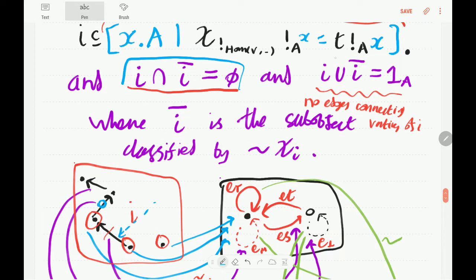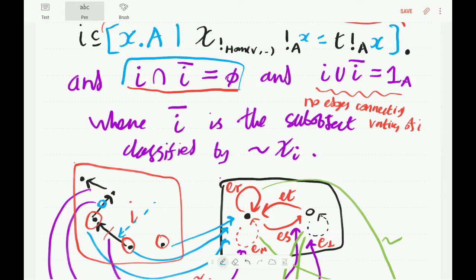Well, in fact, maybe this condition's all we need, because again, if we take the negation of I, that's not going to have these edges which go from inside I to outside I. It's not going to have those either.